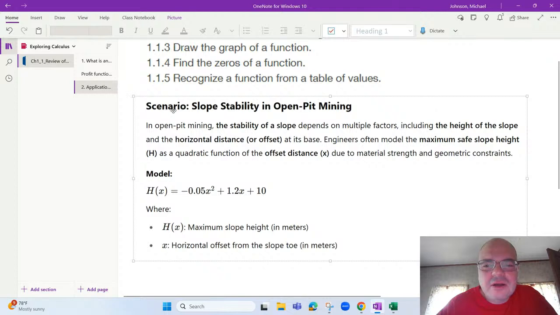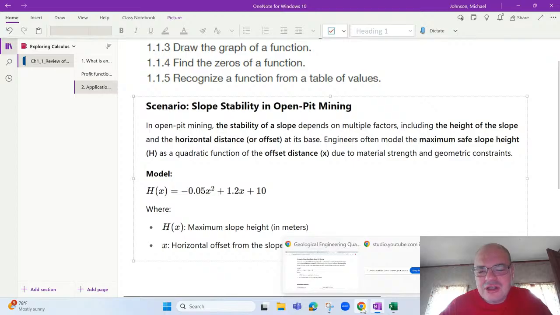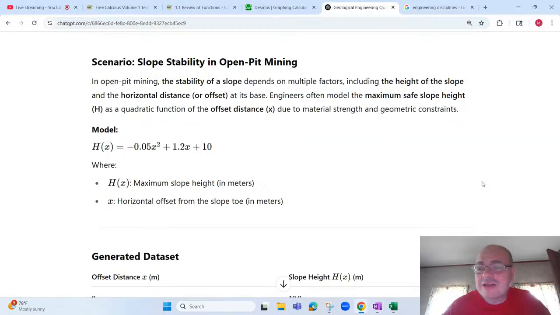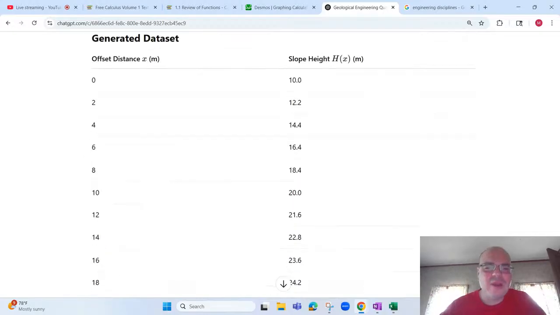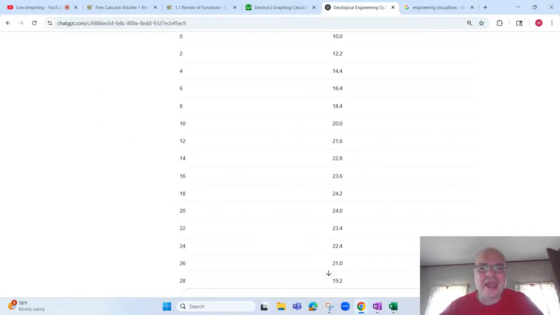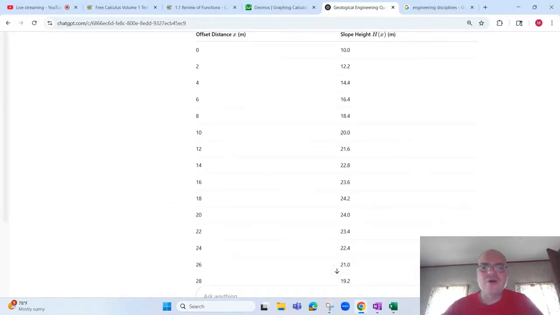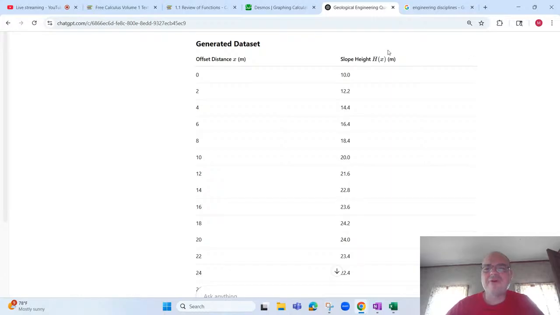Okay, you might be a little bit puzzled by this relationship. You might not be a geological engineer, but we have the context of a problem. From my vantage point, when I was a student, I remember looking at functions and saying, where in the world do they come from, or where did they come from to begin with?